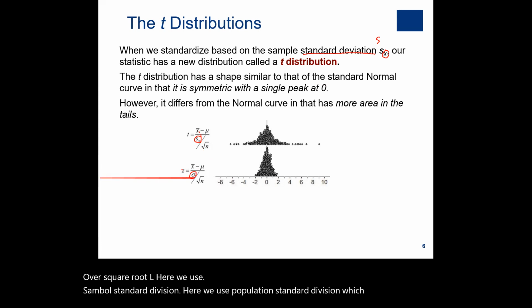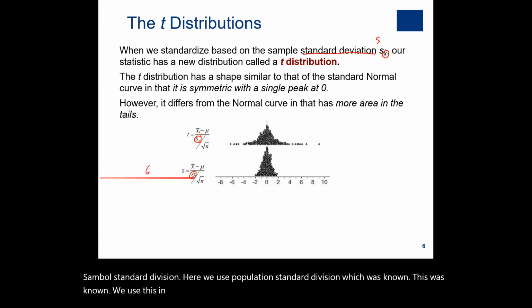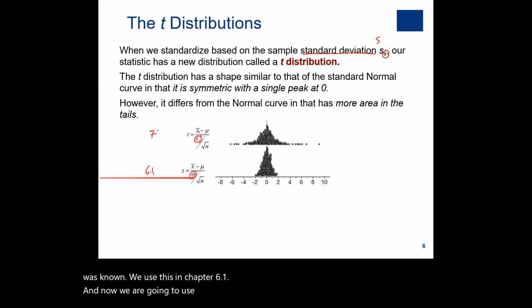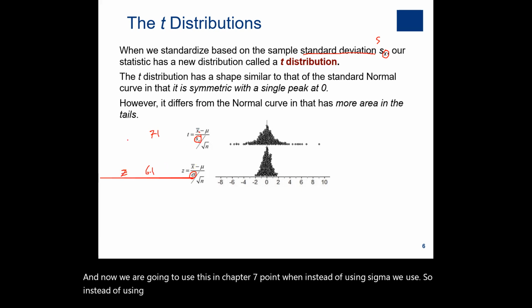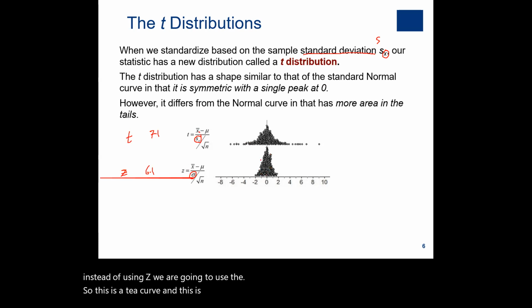We used this in chapter 6.1, and now we are going to use this in chapter 7.1. Instead of using sigma, we use S. So instead of using Z, we are going to use T. This is a T curve, and this is a Z curve.